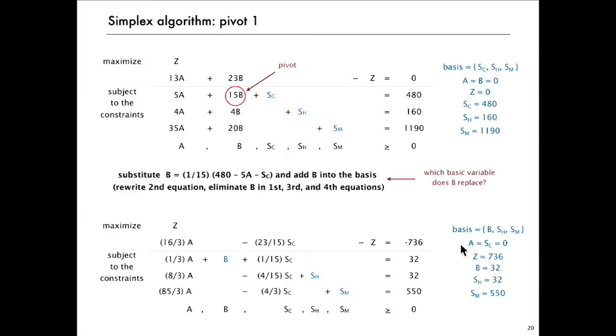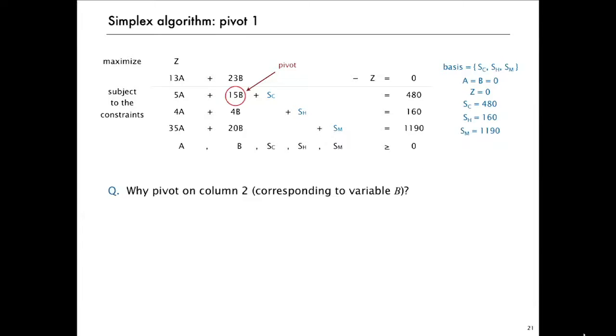A and SC are 0. And our objective function says that z equals 736. So that's called a pivot. Pick a variable, substitute in the other equations, put it into the basis, and make the other entries in its column 0.